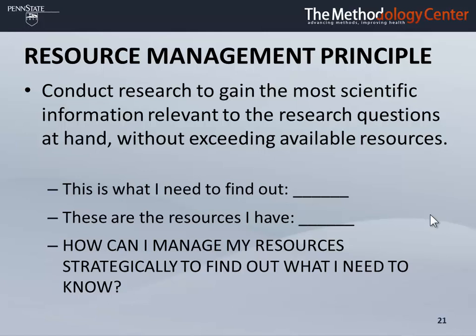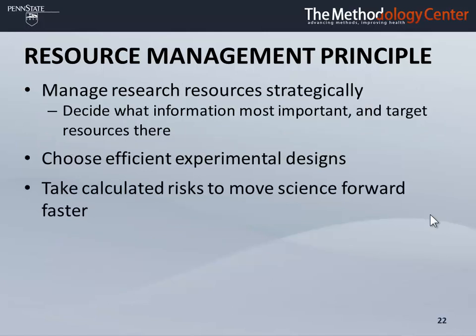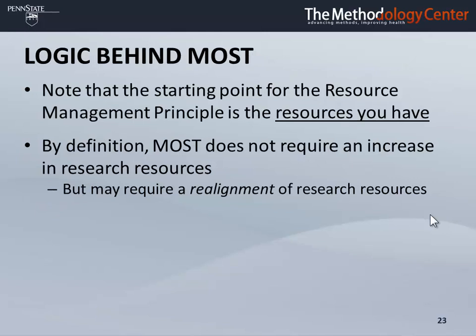And this will mean sometimes using a design other than the designs that you might be most familiar with. So you have to decide what information is most important and target the resources there. The emphasis here again is on very efficient experimental design, trying to squeeze the most information you can out of the money you have. And sometimes this will mean taking calculated risks to move science forward faster. And I'm going to give you an example of that in a moment.